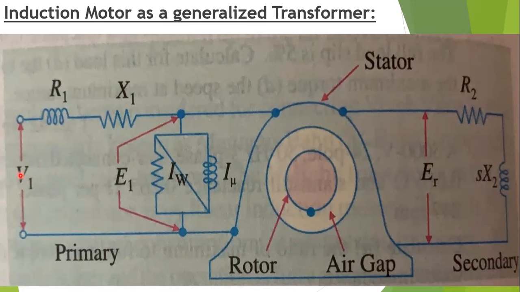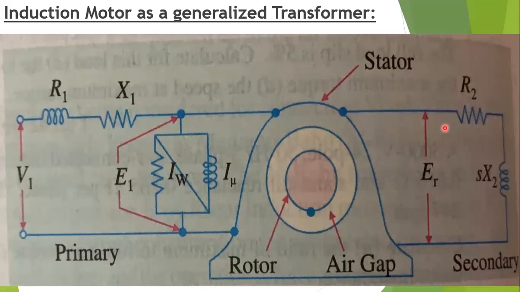By taking the source supply voltage V1, you are getting E1. I1, the primary current, is resolved into two components: the magnetizing current I mu and the working or active current component, represented by Rw and X mu.